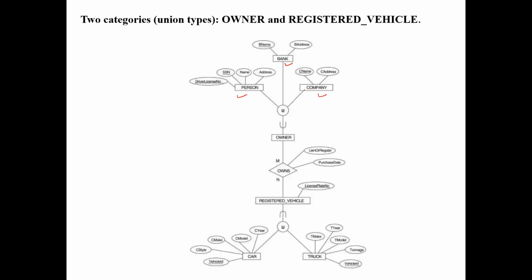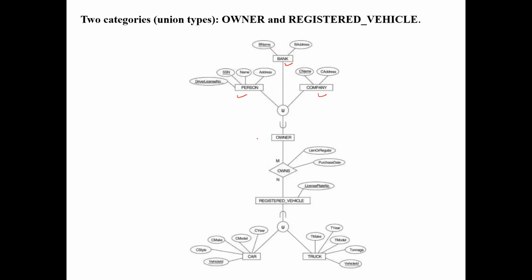All three entities have their own attributes. Person has social security number, name, address, driver license number, etc. Whereas bank has a bank name which is unique and bank address. Company has company name and company address. These are the three different entities.